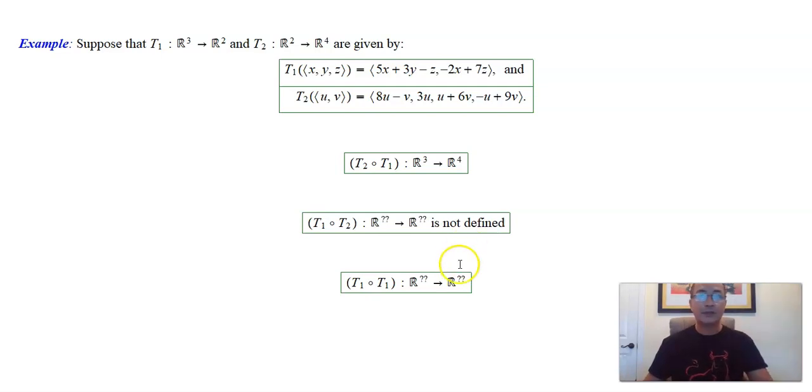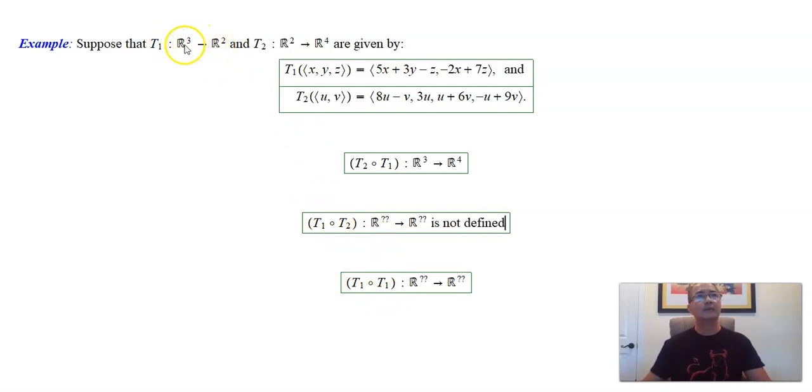Now, in calculus and pre-calculus, you sometimes compose a function with itself. Okay, so you can plug in x squared into x squared, and you will get x squared squared or x to the fourth. Okay, that is very possible. Can we compose T1 with itself? T1 is going from R3 to R2.